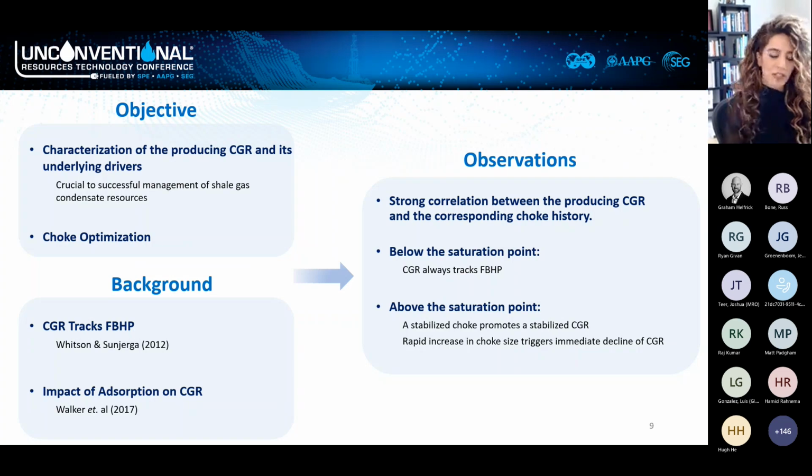With this study, I'm building on that concept. There was a second study put out in 2017 that looked at the impact of absorption of CGR by Greg Walker, who's my co-author in this paper, which offers a hypothesis on the anomaly of CGR above dew point.